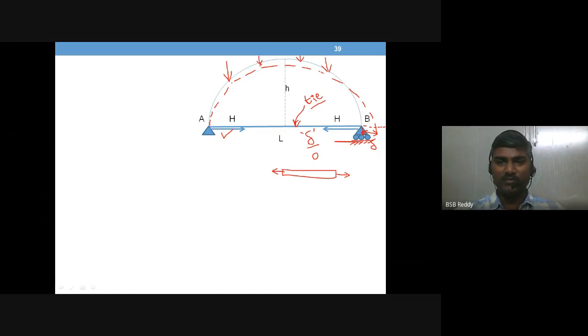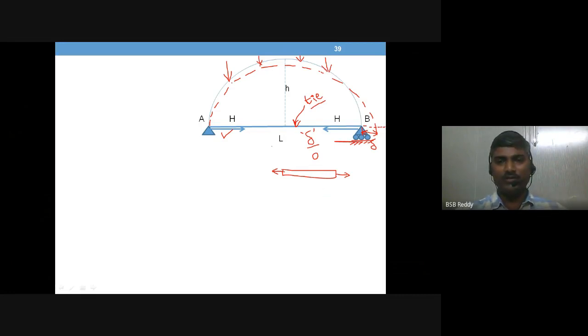So to stop that movement of roller B, we have provided a tie here. Okay, so this is the purpose of the tie here, and that is why we call this arch a tied arch. Right.